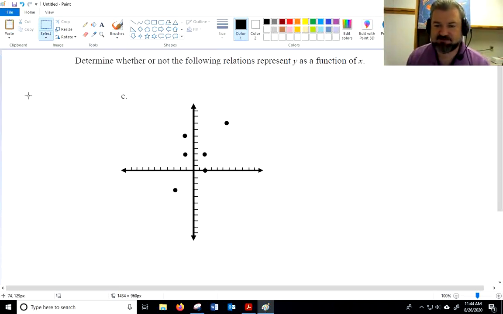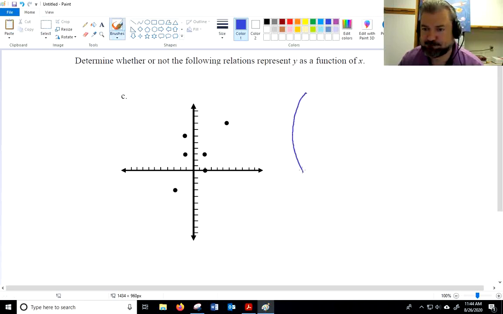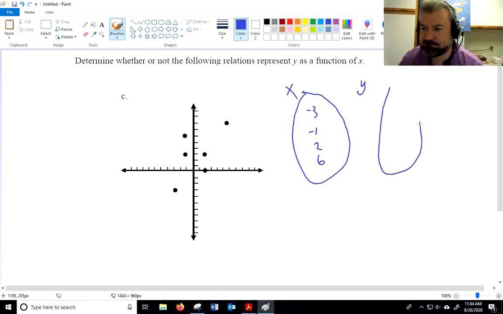All right, I've got this kind of scatter plot here, and let's make a chart. So I've got x values, it looks like at negative 3, negative 1, 2, and 6. Those are my x values, and where are they being mapped?